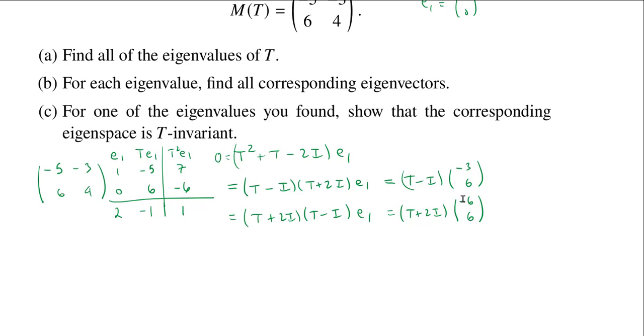Okay, so here we go. Let's collect it all. First, we have found two different eigenvalues, right? Namely 1 and negative 2, coming from these right here.